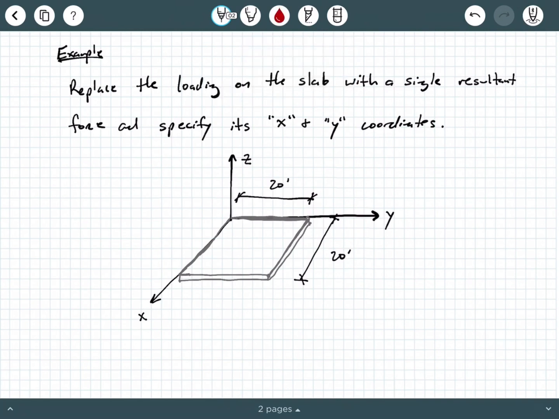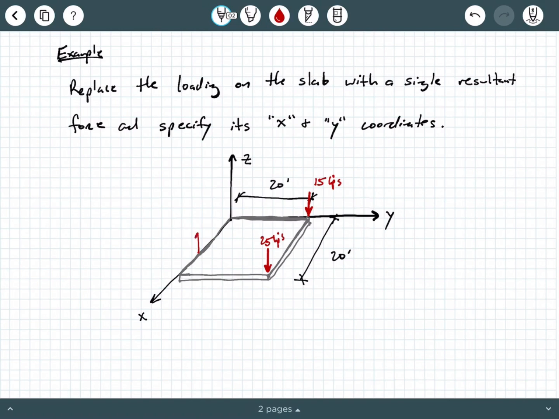And I'm going to have the following loads. In this corner right here, I'm going to have 25 kips. On the back corner back here, that's right on the y-axis, I'm going to have 15 kips. Maybe there's a column there, who knows.